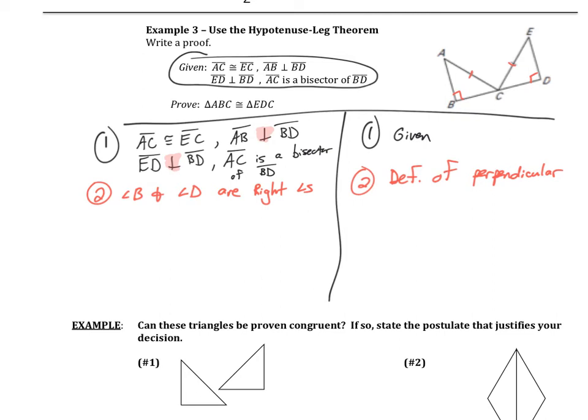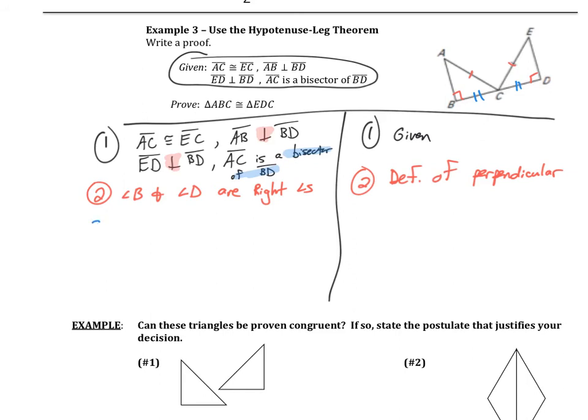All right, next, what does bisector mean? It bisects BD. It cuts it in half. So that means that AC cuts BD in half.